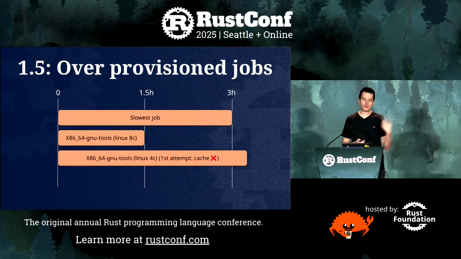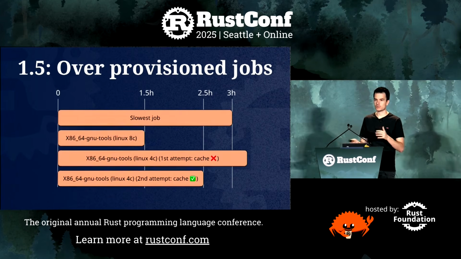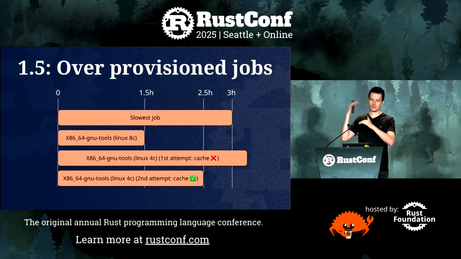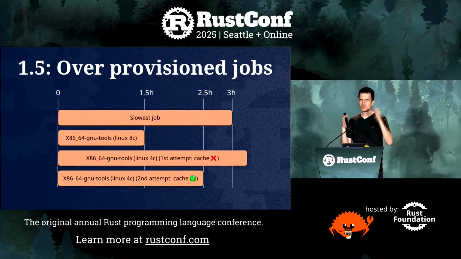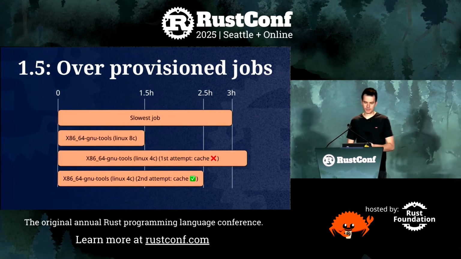course. So what I did is attempt the same job twice after moving to the new runner, so that the second time I got a cache hit and I could compare, let's say, apples to apples, because the 3 hours is on a cache hit, because most of the time we get cache hits.